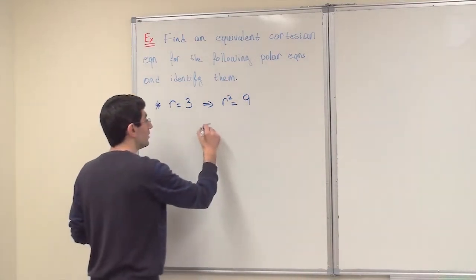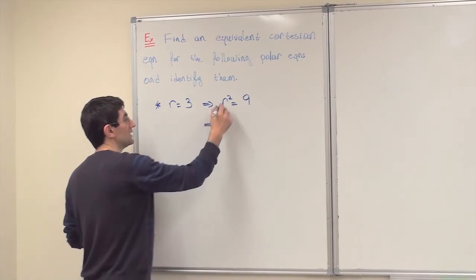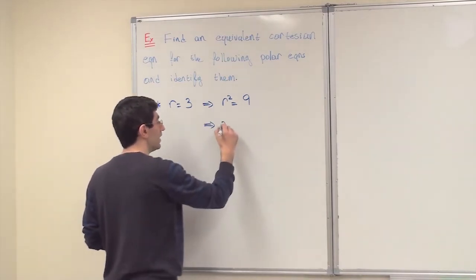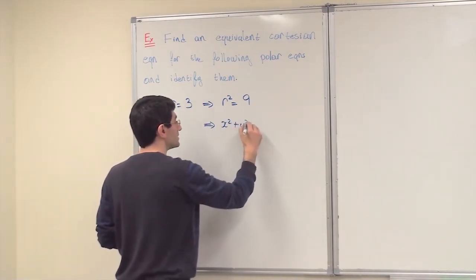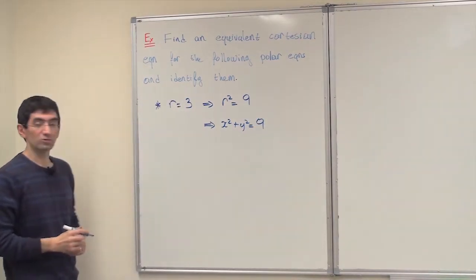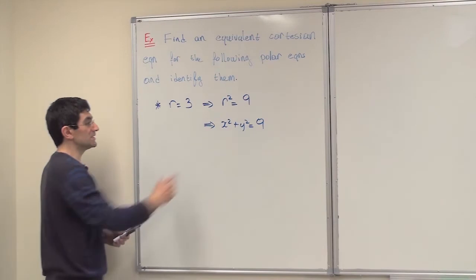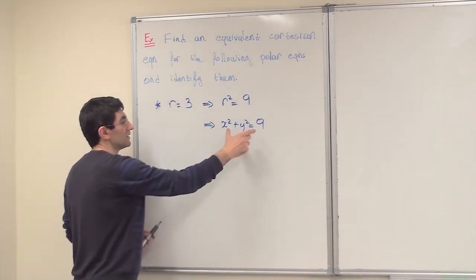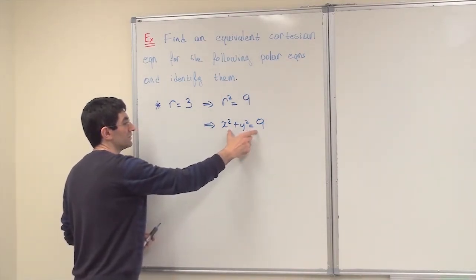Then we know how to express r squared in terms of x and y. It is x squared plus y squared. So that is equal to 9. So this is our equivalent Cartesian equation.